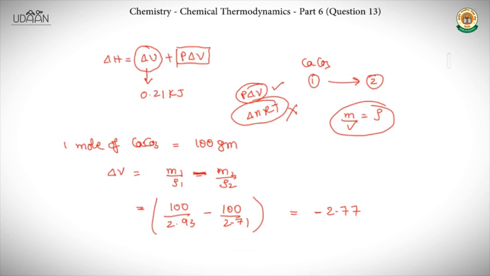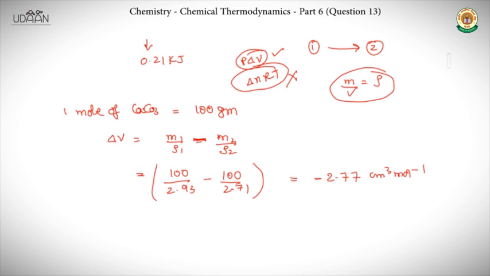It is centimeter cube per mole, since 100 grams is for 1 mole. So this is minus 0.277 into 10 power minus 6 meter cube. I just converted centimeter cube into meter cube.